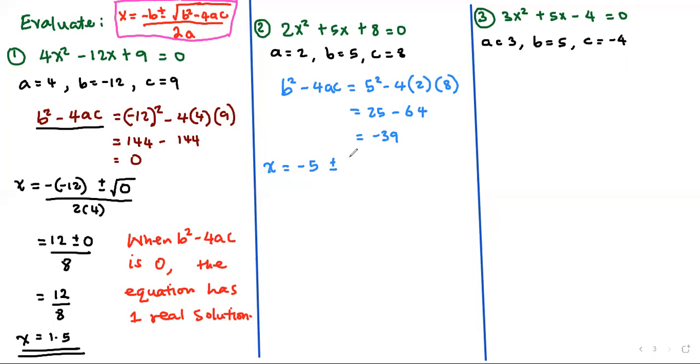So we say the square root of negative 39 out of 2a. So that is 2 times 2, because our a in number 2 is 2. So this means that we get x equal to minus 5 plus or minus the square root of negative 39 out of 2 times 2, which is 4.